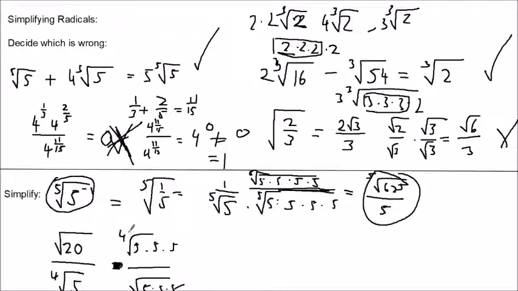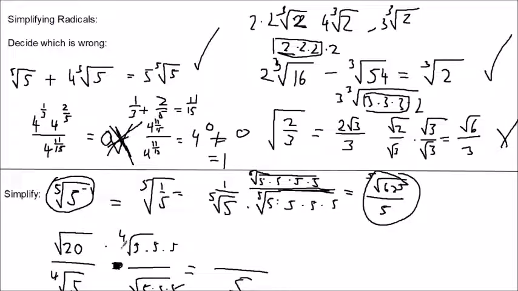Make sure it's the fourth root. If you want to change it to the square root, you gotta do other things. That's equal to 5. It's just gonna be 5 at the bottom. Fourth root of 5 times 5 times 5.